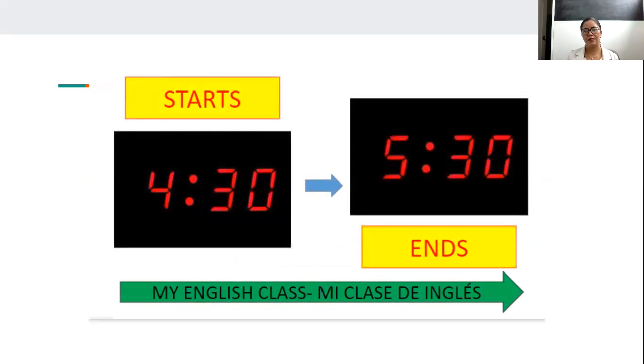For example, in our English classes at our school, we always give them the starting time and the ending time. So we always say our class starts at 4:30 and finishes at 5:30. We give them another reinforcement in Spanish every now and again. Every time we start an activity, we also tell them, for example, this activity is going to last for 10 minutes, 15 minutes, and so on.